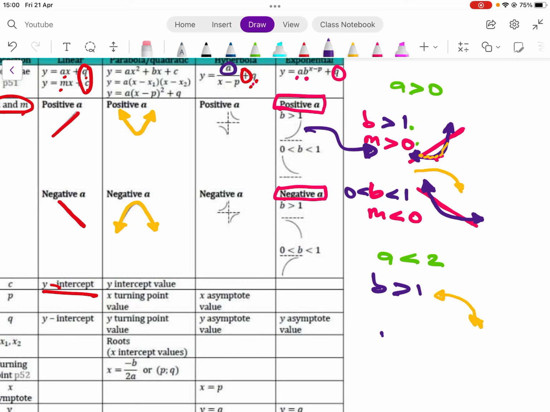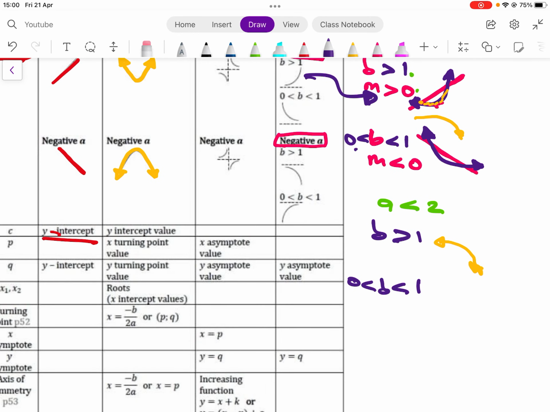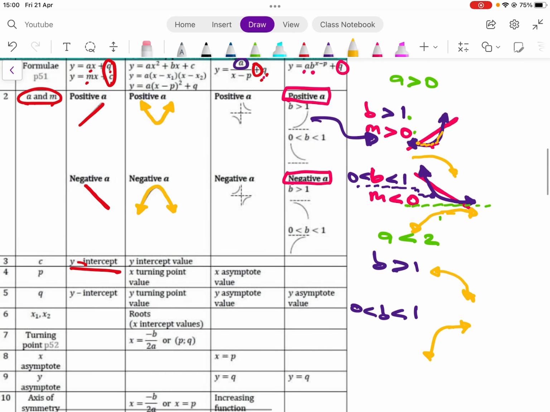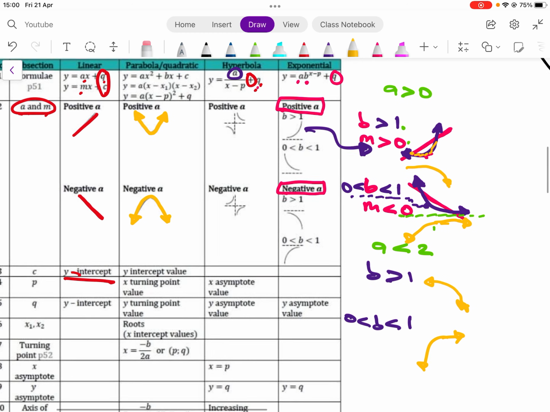And for B being between 0 and 1, I'm just going to take the very same graph that I had, this one, and flip it. It's going to look like this when I flip it. I'm just flipping it about the horizontal asymptote. So that's going to be my shape. I'm going to put this shape here, as you can see. So this is pretty much how you can go about memorizing the shapes for exponential or geometric functions.